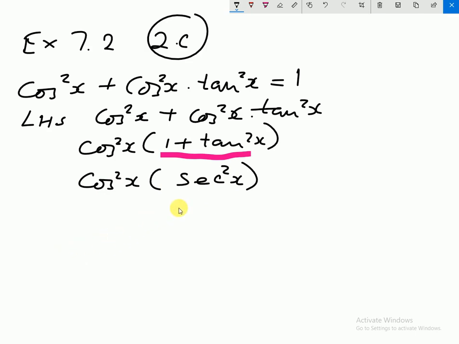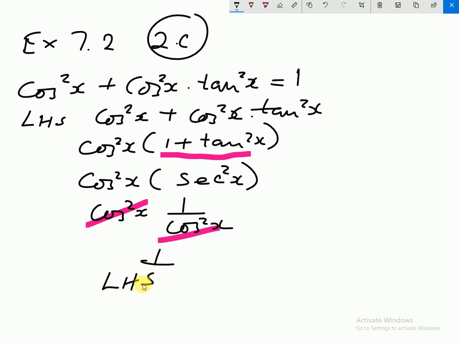People, can you change everything into sine and cos here? This one is already cos. This one you can change to 1 over cos squared. There you go, people. This equals 1. I'm telling you, you proved that the left hand side is the same as the right hand side.